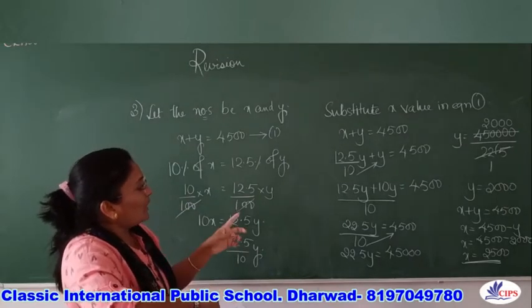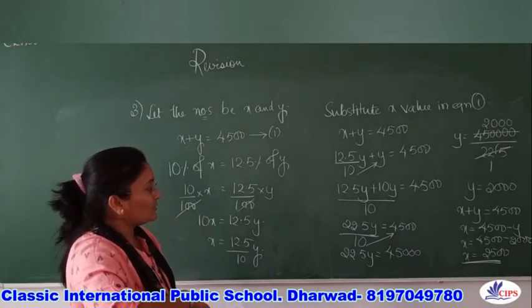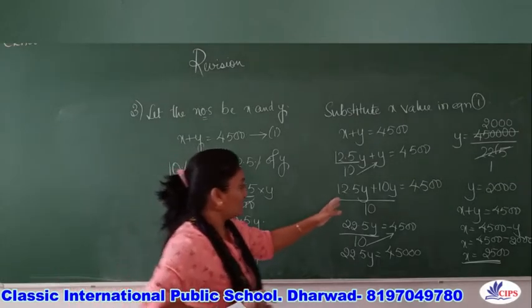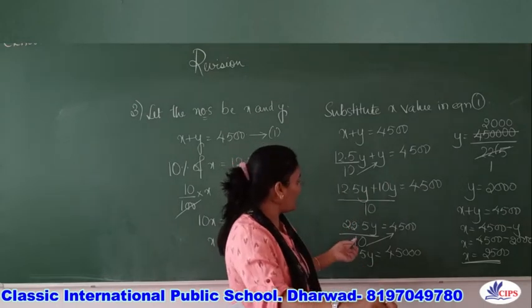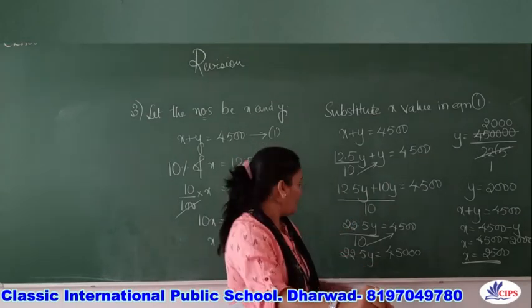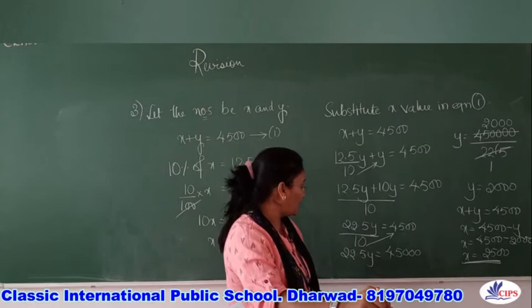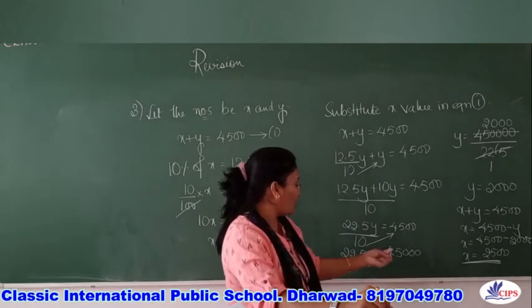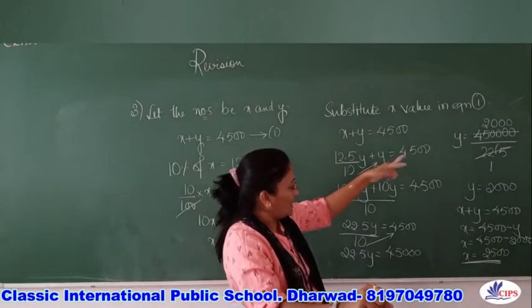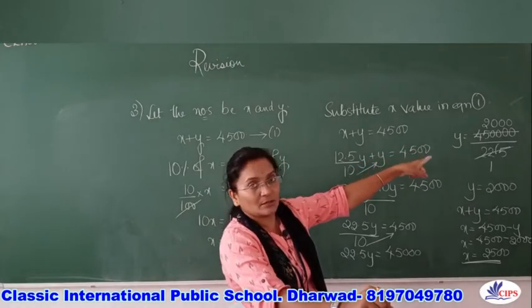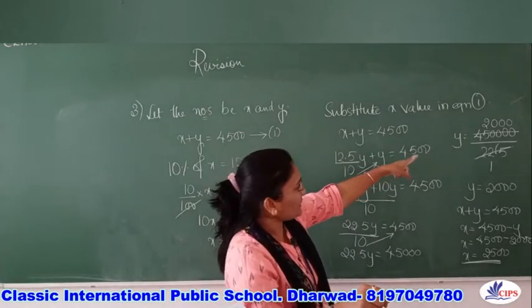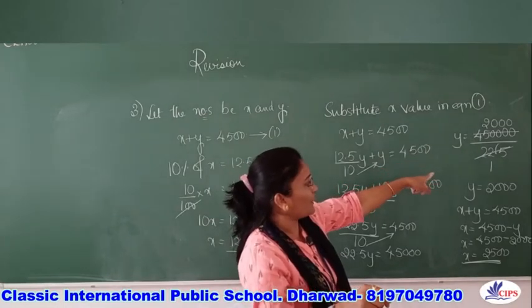Then I have cross multiplied that 10 to y, so it becomes 12.5y plus 10y by 10 is equal to 4500. So here, as these both are like terms, I have added them, I got 22.5y by 10 is equal to 4500. So here y value we have got as, see I have simplified that, I have shifted the point and one zero I have added, it becomes 4,50,000 by 225.